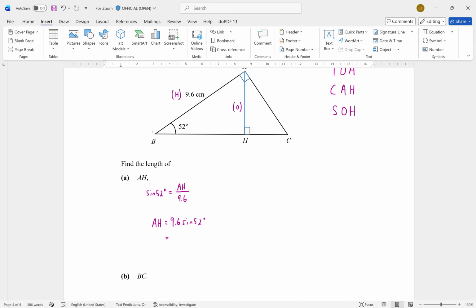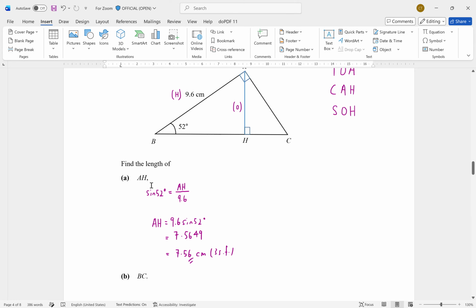Make sure your calculator is in the degree mode. So you should get 7.5649. Remember to write a few more significant figures. Usually 5 sig fig will be good before you round off the final answer to 3 sig fig. So this answer is the one that you want to input into the answer space.